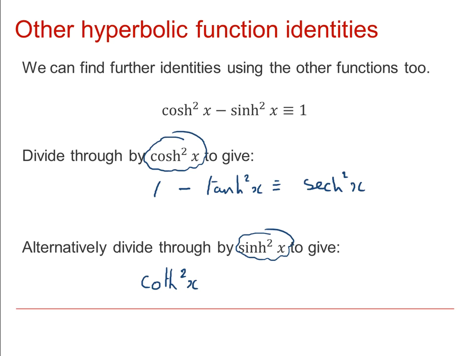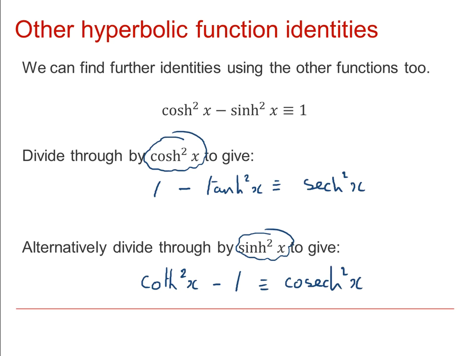Sinh squared divided by sinh squared is 1, so coth squared x minus 1 must be the same as 1/sinh squared, and that's cosech squared x. So these new identities produce in the same way as the trig identities produce new ones when we looked at dividing through them.